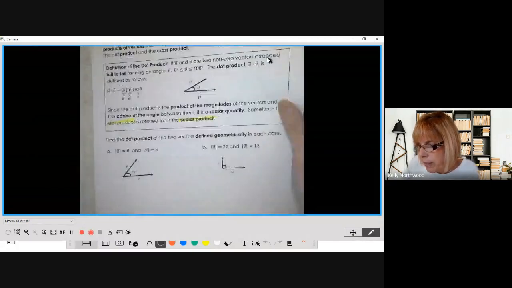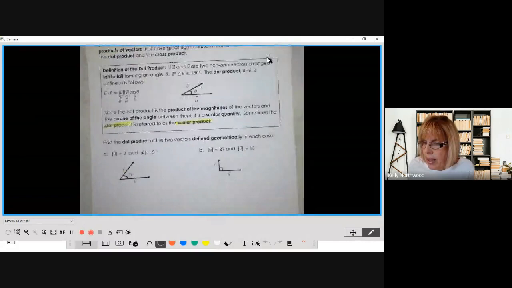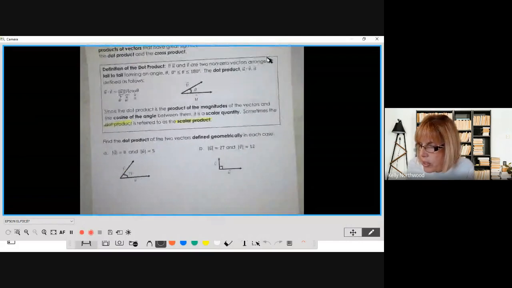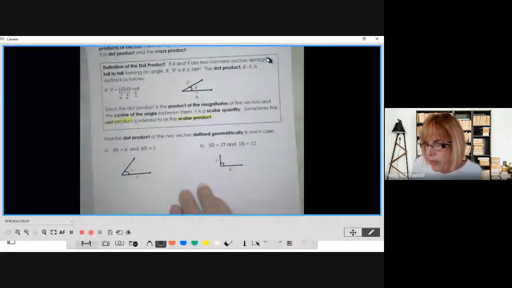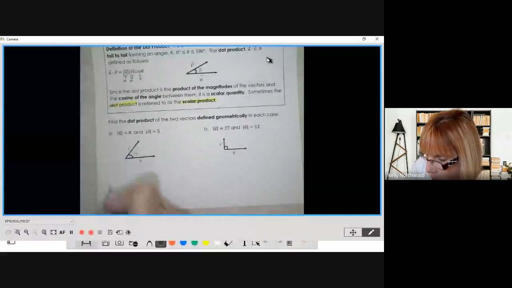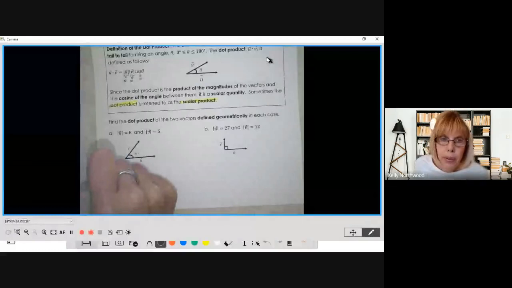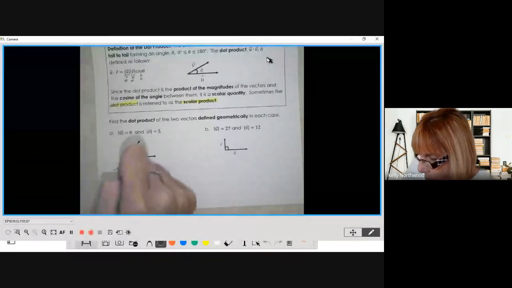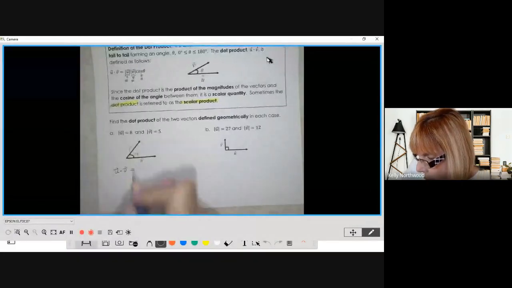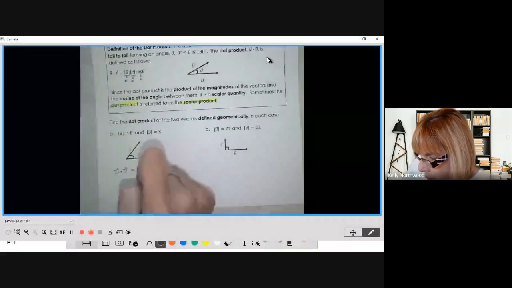We're going to look at some geometric examples. The first question says, find the dot product of the two vectors defined geometrically in each case. We're seeing a picture, and we're given the magnitudes of the vectors, so we just need to use our formula for the dot product. u dot v is going to be the magnitude of vector u times the magnitude of vector v times the cosine of theta.